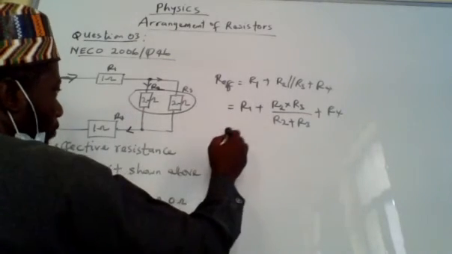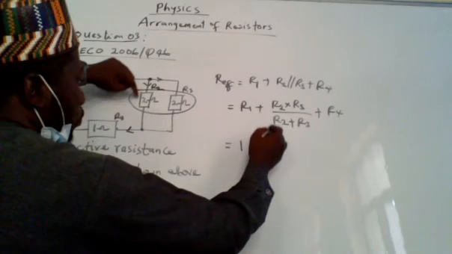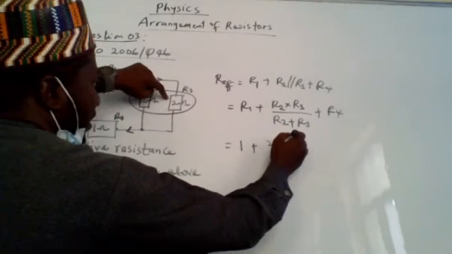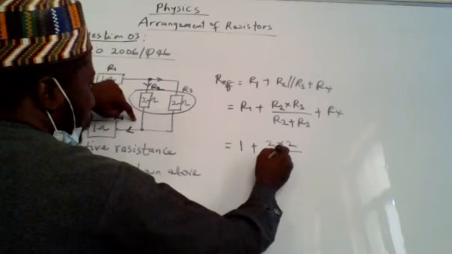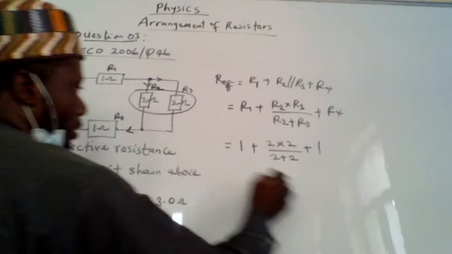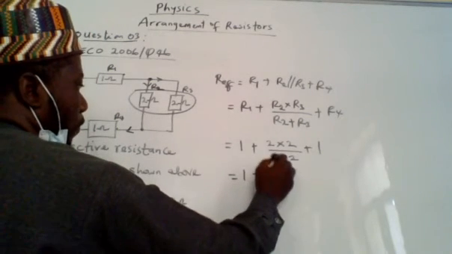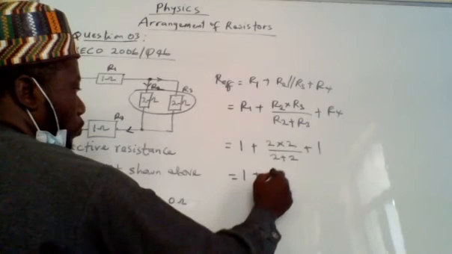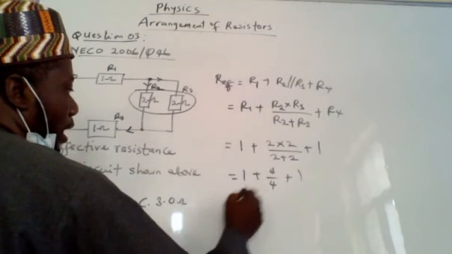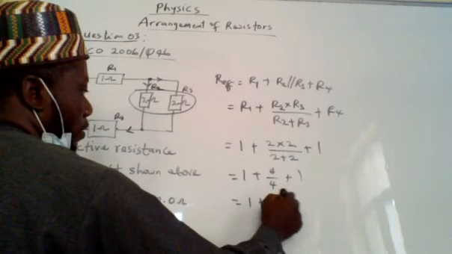So what are the values? R1 is 1 ohm, plus R2 is 2 times R3 is 2, over 2 plus 2, plus 1. So that is going to be 1 plus 2 times 2, 4, over 2 plus 2, 4, plus 1. And that will be 1 plus 4 over 4, plus 1, which is 1 plus 1.